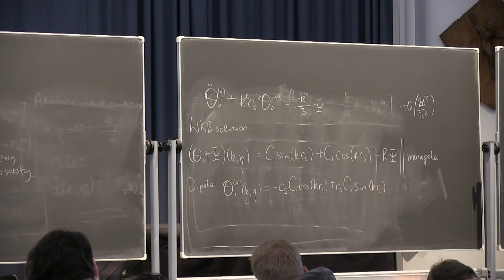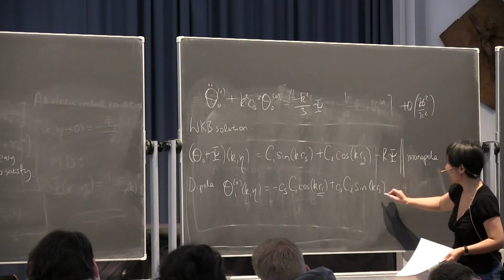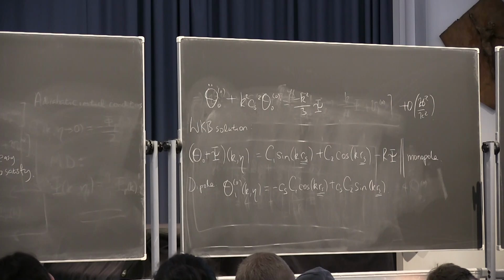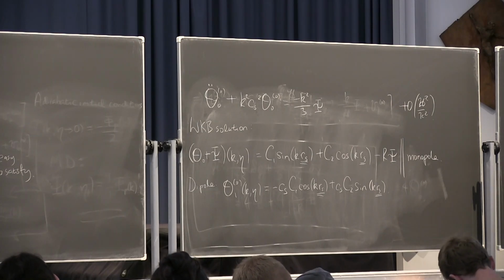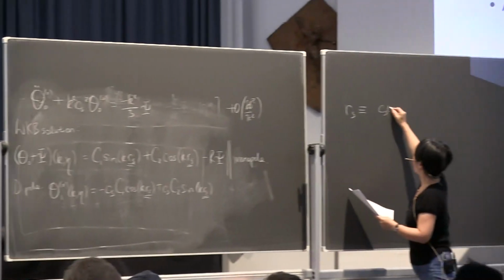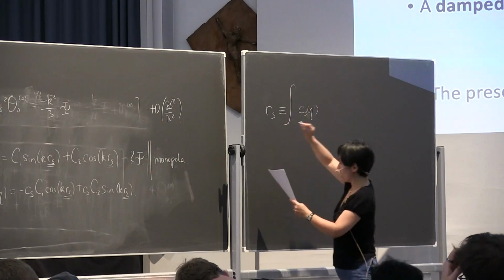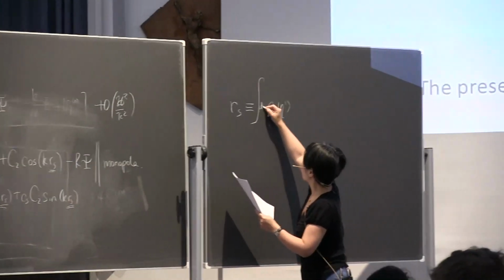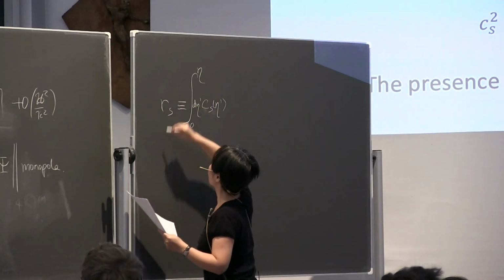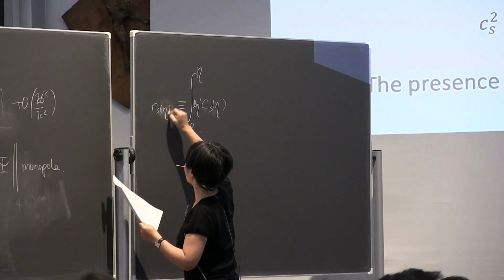Now, at this point, as I said, I've defined this quantity rs. Well, actually, I haven't defined it yet. I've used it. I haven't defined it yet. And now I'm going to define it. rs is just defined as essentially the sound speed, which is a function of time, and then you integrate over time from 0 to the time that you're interested in, eta.